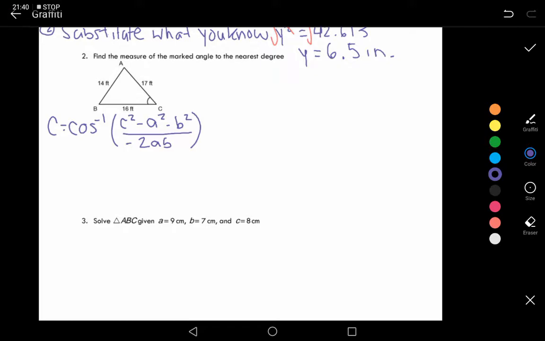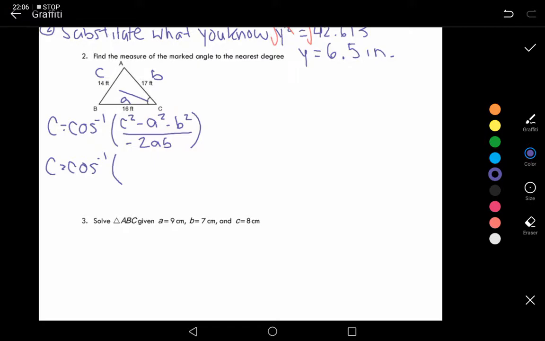Again, for sake of space, I'm going to keep going down, and then I'll shoot over to that right-hand side. So we don't know angle C, right? That's obviously what we're trying to find. So all we're subbing in here are those side lengths. So side C, again, maybe you want to label the sides on your diagram so you make sure you're using substitution correctly. They're across from the angle.